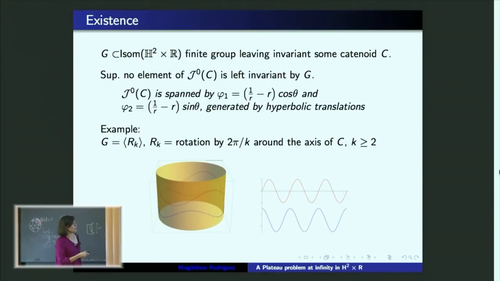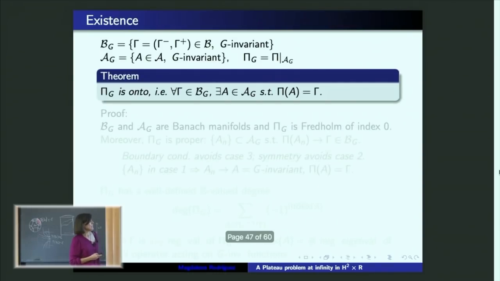If you do that, the translated catenoids are not going to be invariant by this group of isometries anymore. Okay, and this is going to be good. So this is the thing we had to consider, and now we restrict ourselves to everything invariant by this group of isometries. So now the boundary curves are invariant by this group of isometries. Again, for the family of annuli, you impose that all of them are invariant by this group of isometries, and you restrict the projection to these families.